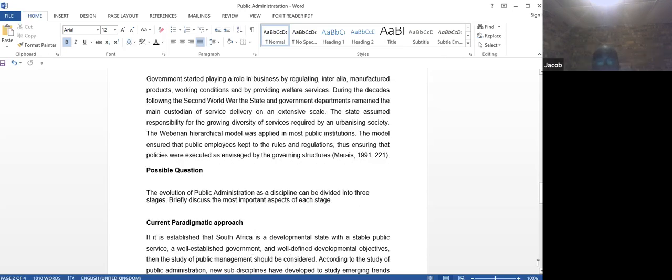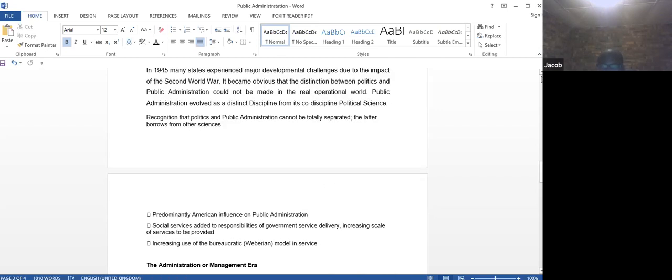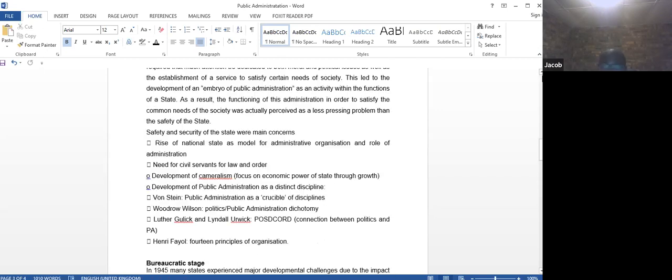So the possible question in this regard is: the evolution of public administration as a discipline can be divided into 3 stages. Briefly discuss the most important aspects of each stage. This is the same as the roots of public administration.